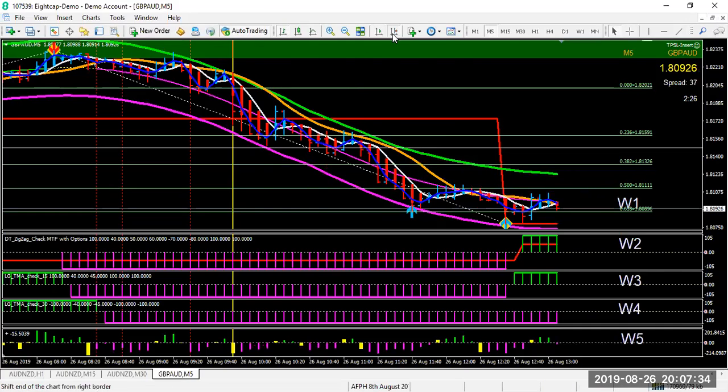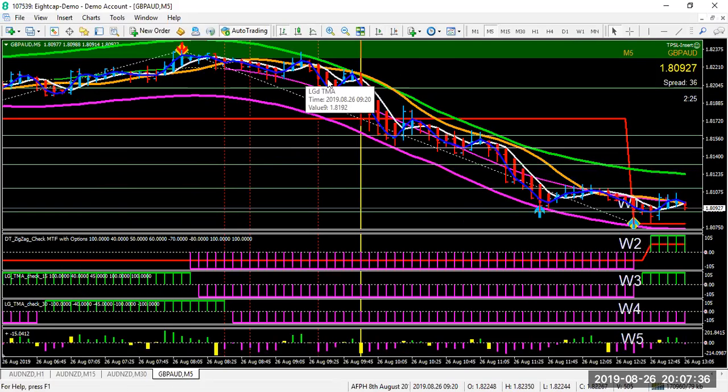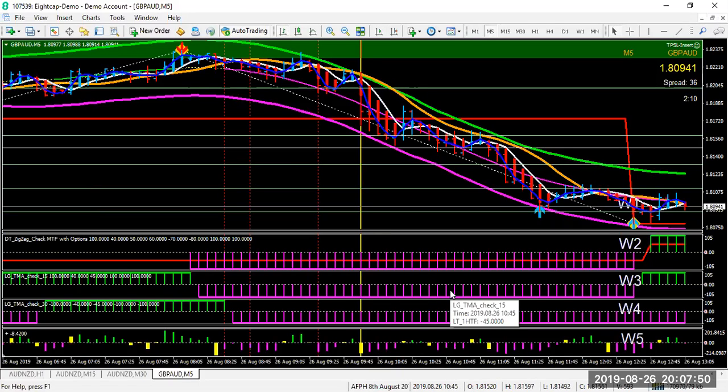Now I've marked this spot, and it's pretty much after confirmed blue, red vertical lines. And we can see that price still very heavily wanting to go down.